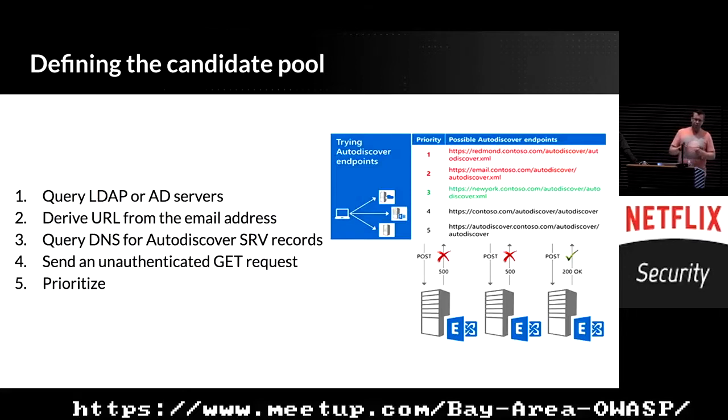The third attempt is querying the DNS server for an AutoDiscover SRV record. If all of that fails, it can send an authenticated GET request to URLs that are also derived from the email address. And then it prioritizes this list, right?